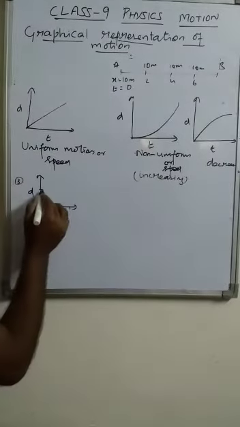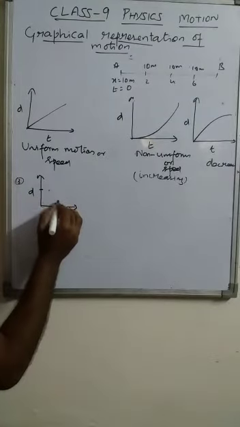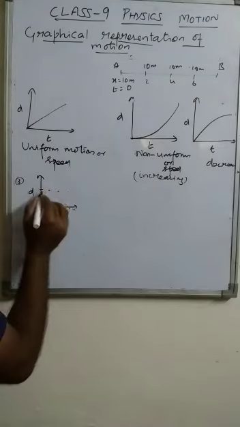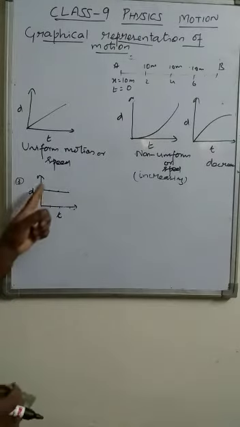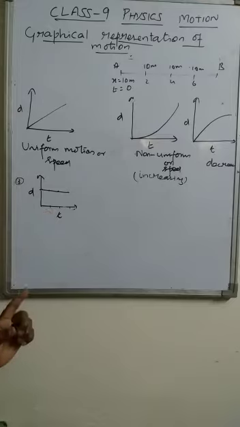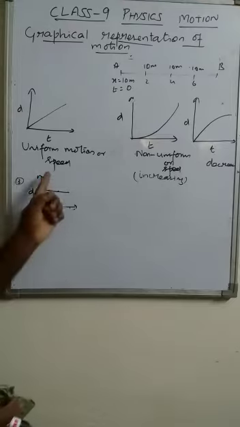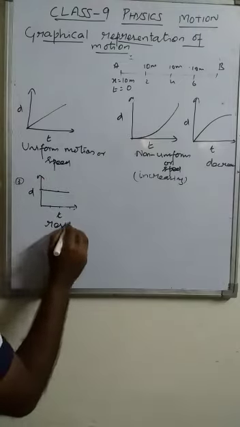In 0 second its position is 10 meter, 2 seconds 10 meter, 4 seconds 10 meter, 6 seconds 10 meter. Then if we join all the points we get a straight line parallel to the time axis. In a distance-time graph, if we get a straight line parallel to the time axis, then the object is at rest.